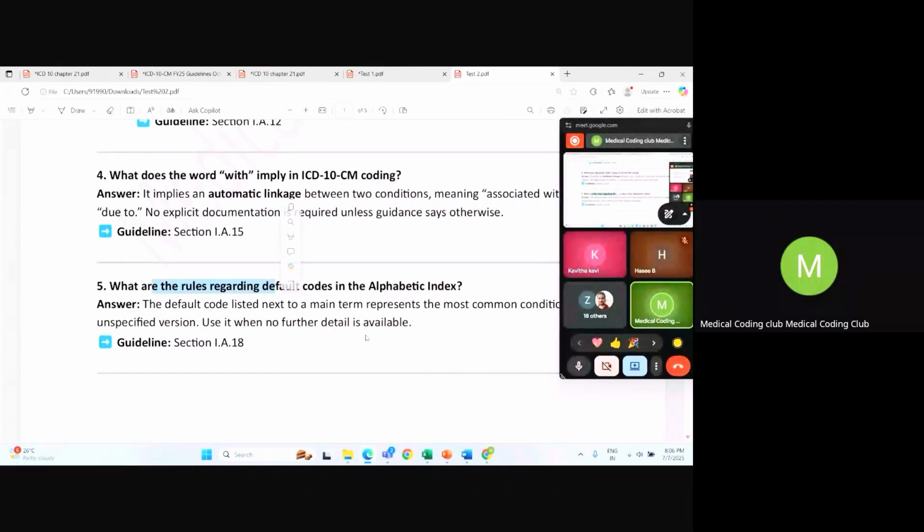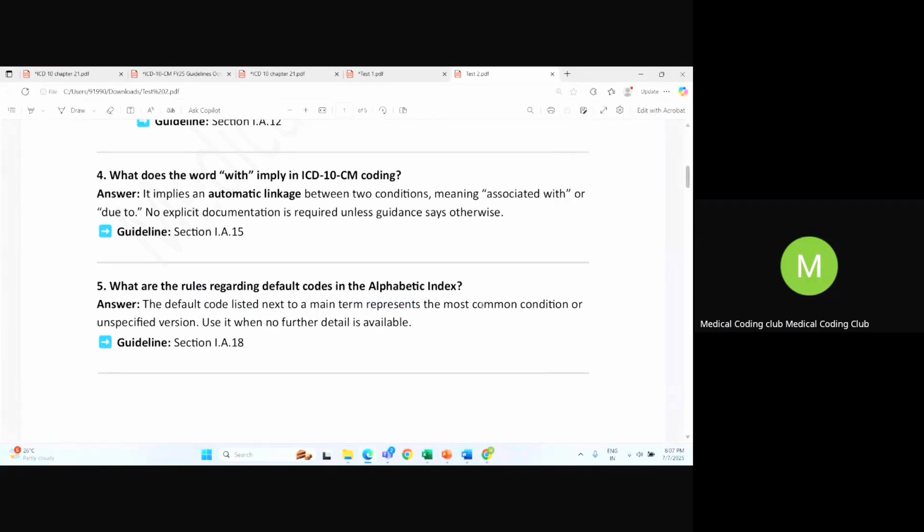What are the rules regarding default codes in the alphabetic index? The default code listed next to the main term represents the most common condition or unspecified version. When there is no further detail available, which one will you choose? Unspecified version.